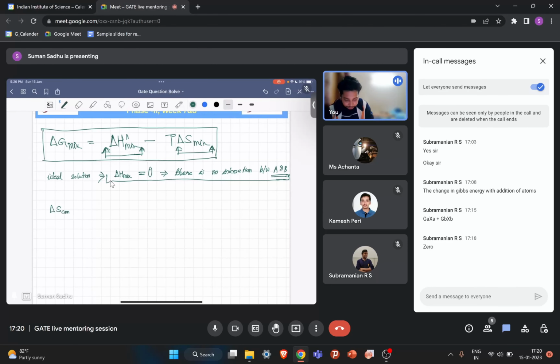I think all of you know what configurational entropy is. Delta S config is written as k into ln of omega, right? Everyone is aware of it. What is k here?